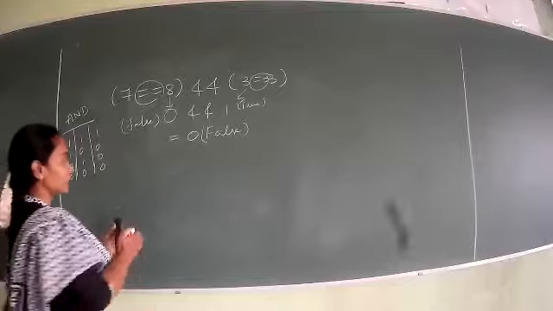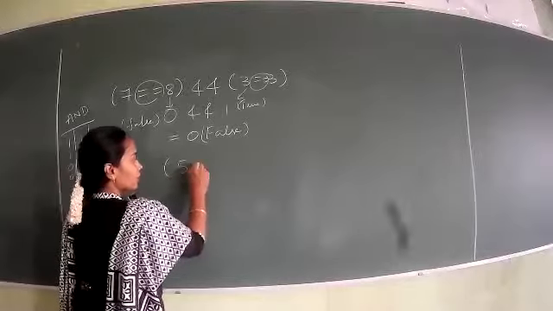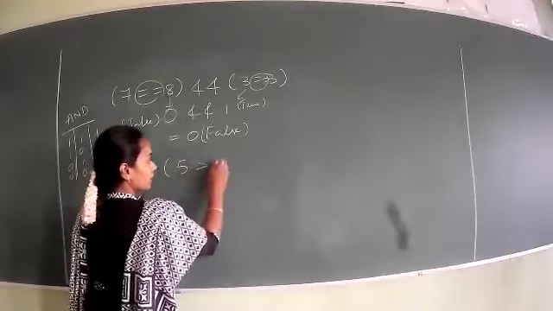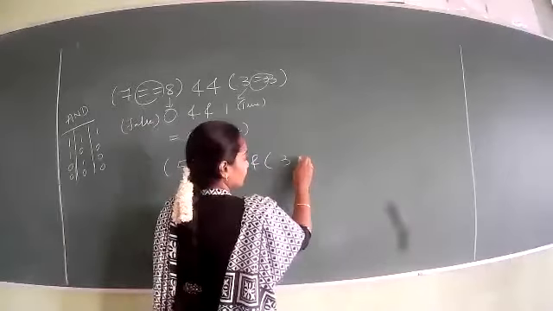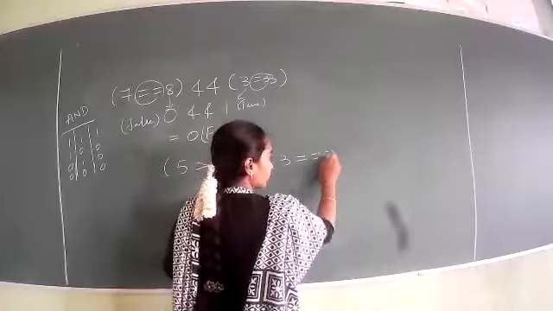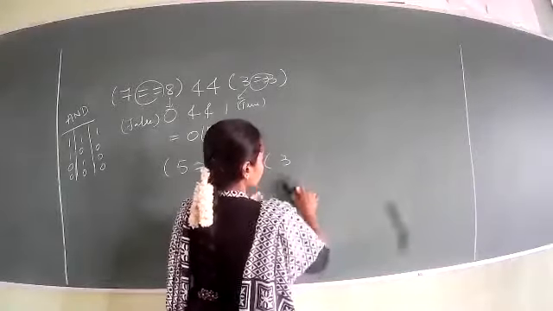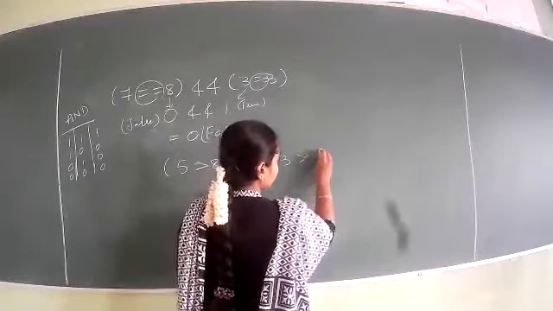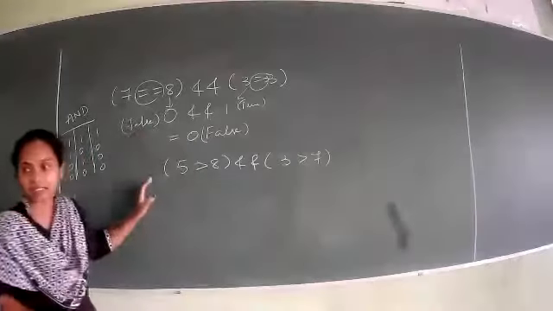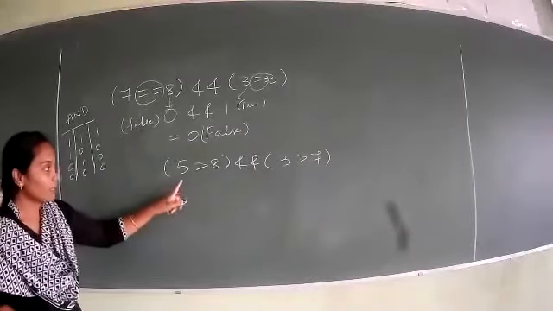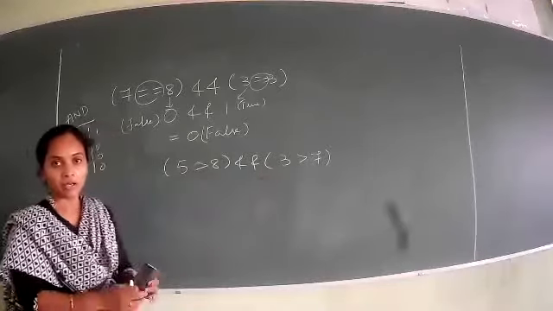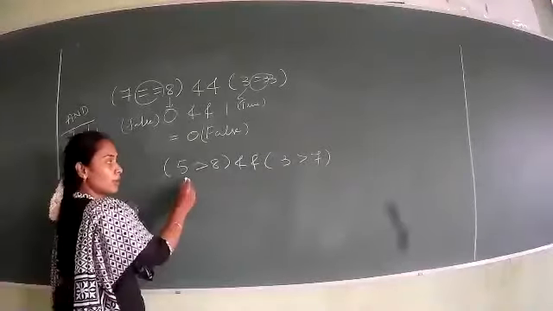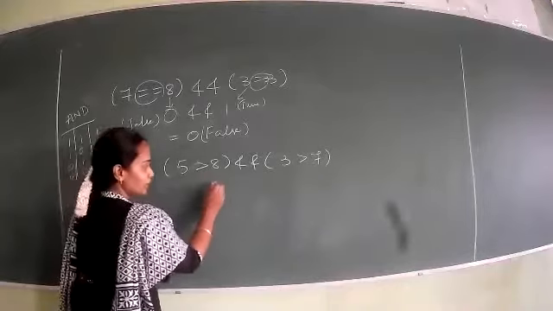This is an example. In the same way, see one more example: 5 is greater than 8 and 3 is greater than 7. Now according to the AND operator, 5 is greater than 8 is false.